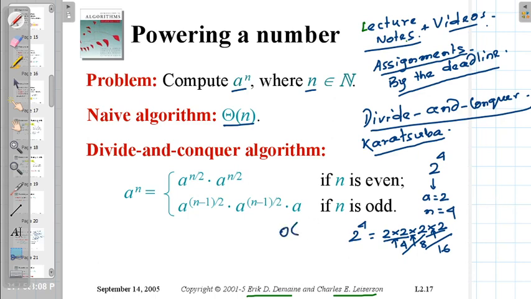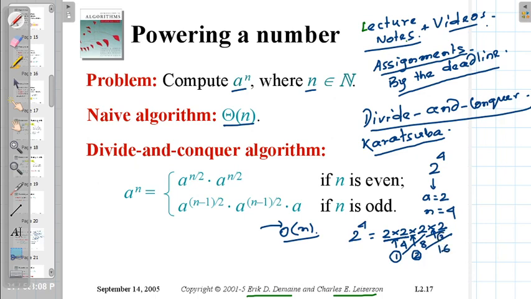How exactly many multiplications do we need in this case? 2 times 2, that is 1 multiplication, and then 4 times 2, that is another one, number 2, and then 8 times 2 is 16.